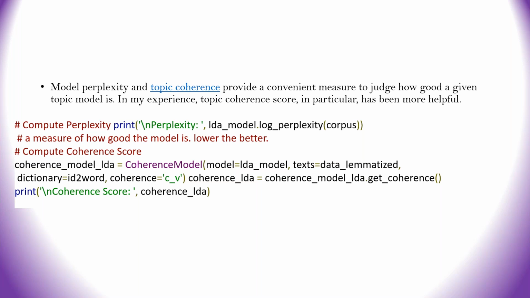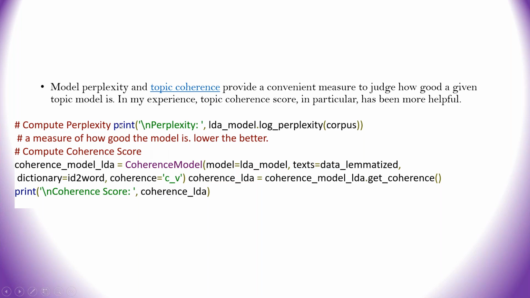Maybe we can try out topic coherence and perplexity as statistical measures to identify how good the model is. In particular, the topic coherence score would be more relevant to find out. And if the measure is lower, then the model is good. That's what I referred to and checked also.